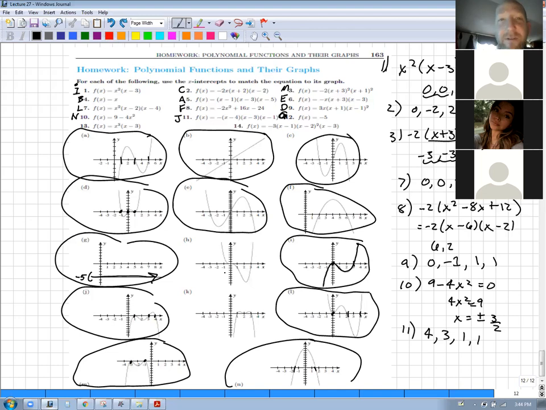Well, what happens when you have it 3 times? It crosses, but look at what this thing does. It goes and the slope becomes 0, and then it goes down. So that's what happens whenever the root shows up 3 times. Okay, what is it called? An inflection point.